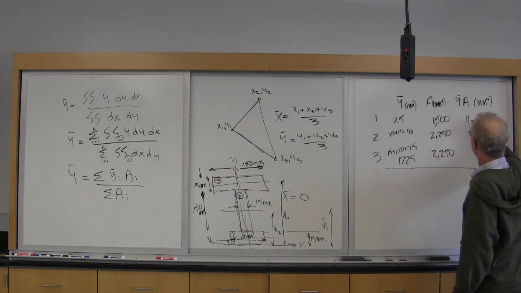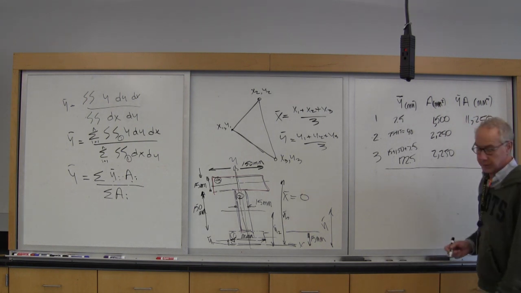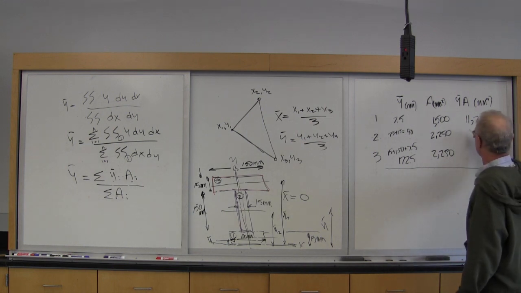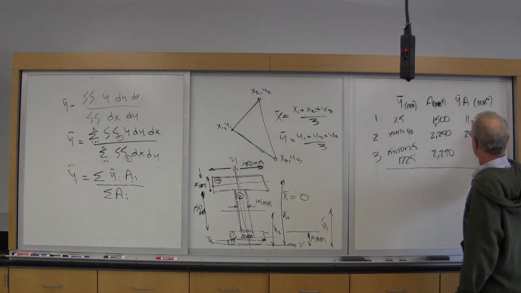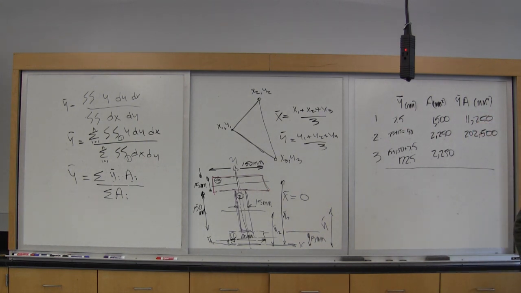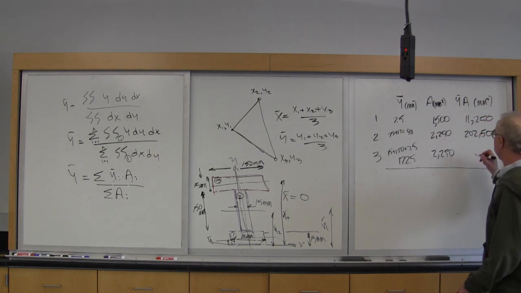We have 11,250, 202,500, and the third one is 388,125.